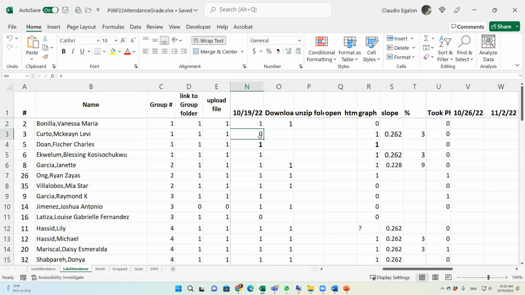Okay. Makin, are you there, Makin? Okay, Makin's not here. Fisher? I'm here. Okay. Next, Blessing, are you there? I don't see Blessing here. Okay, so it looks like Blessing walked out. We're going to put a star here.